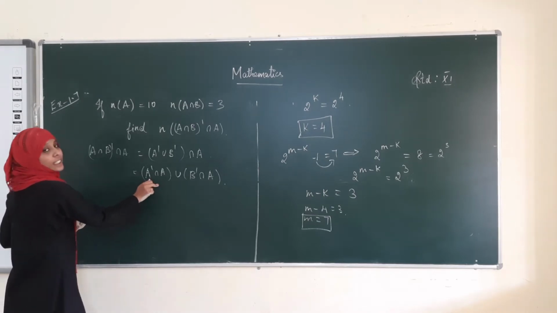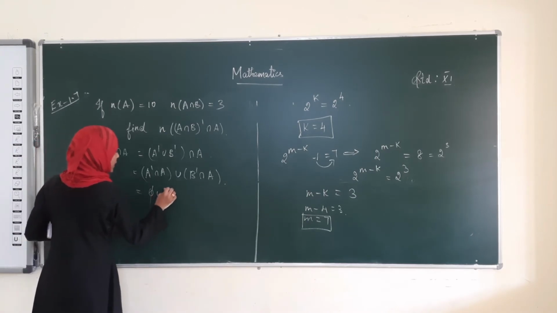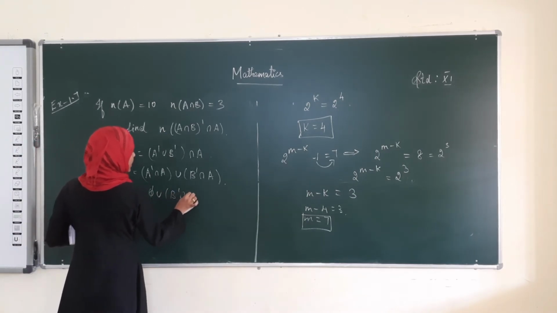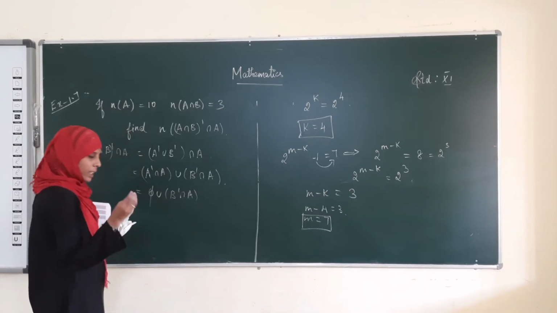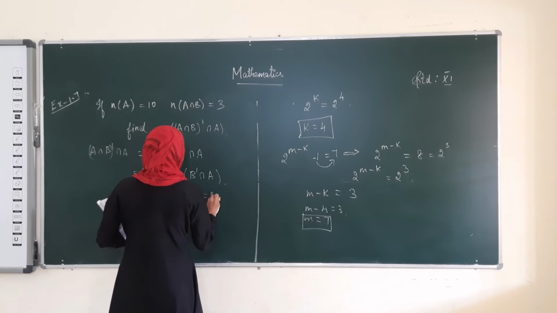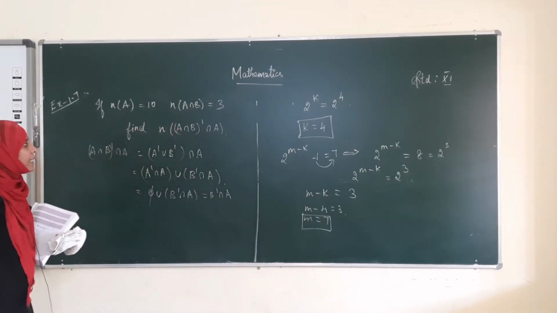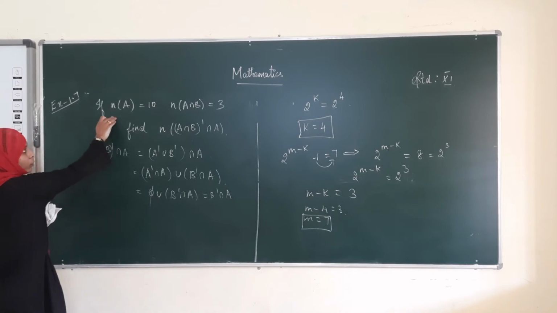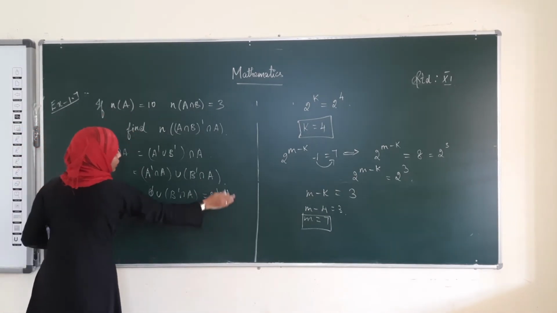A' intersection A will be equal to empty set, union B' intersection A. Empty set union any set will be that set, therefore B' intersection A. But they have given only the number of elements in A and n of A intersection B. So this should be simplified.